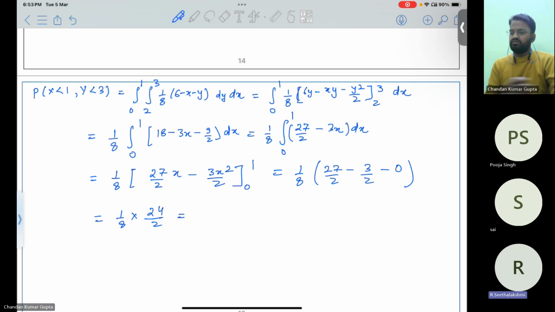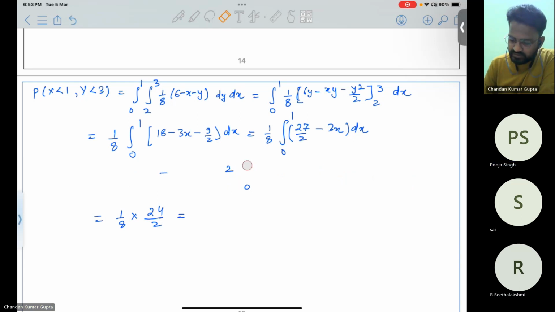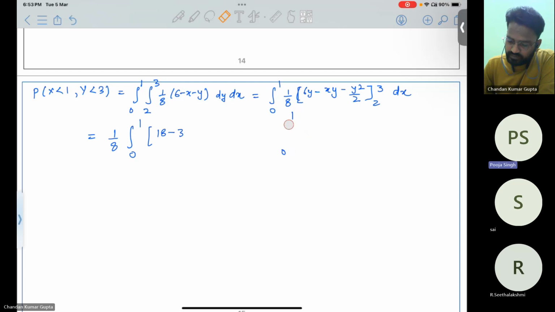Yes, we integrate with respect to y. Here I have considered only the upper limit, not the lower, sorry.